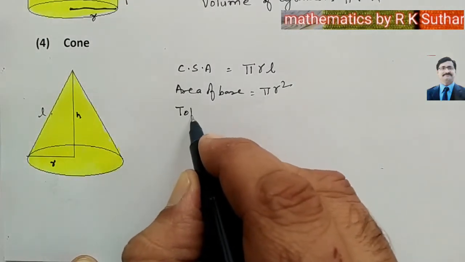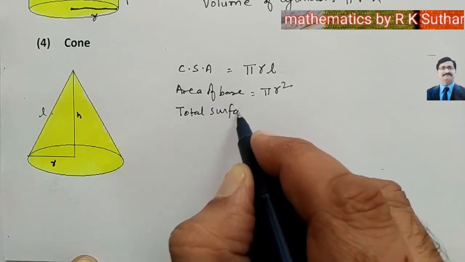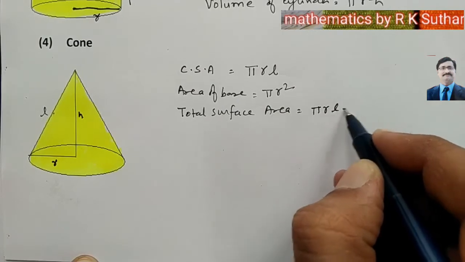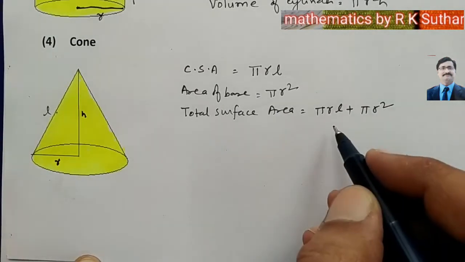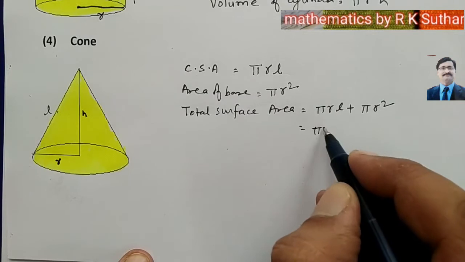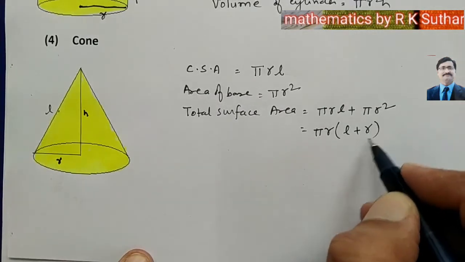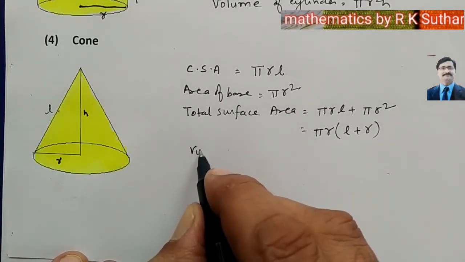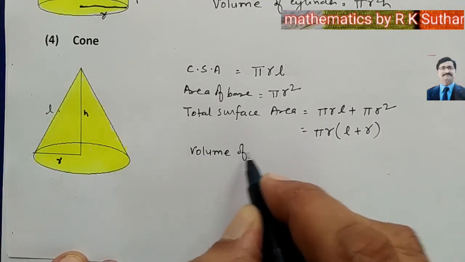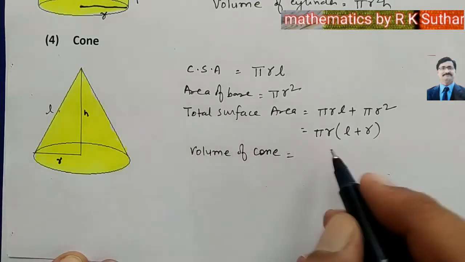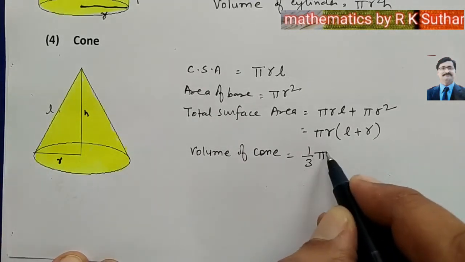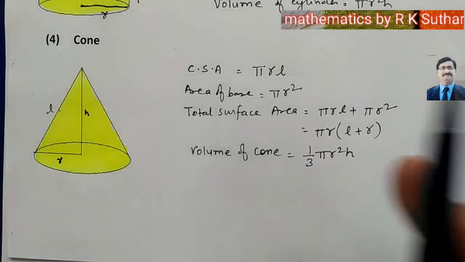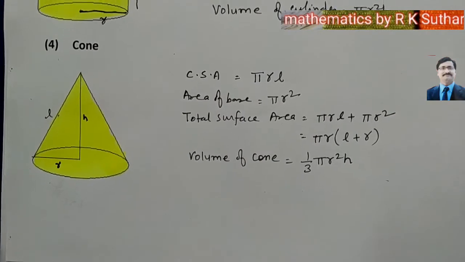And if you have to find the total surface area, we have to add these two formulas, pi r l plus pi r square. Okay, and this is the total surface area. If you want, you can take pi r common and get pi r (l plus r). Now we will get the volume of cone, and this will be equal to 1 upon 3 pi r square h. Okay, volume of cone is 1 upon 3 pi r square h. So these formulas are very important, you have to learn.